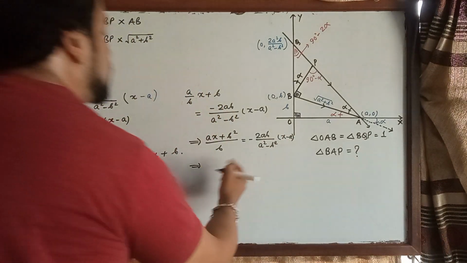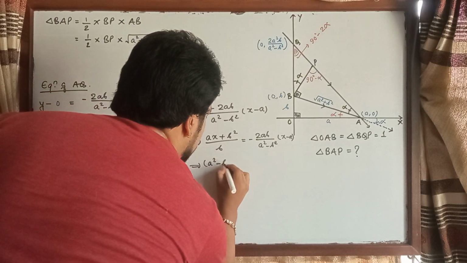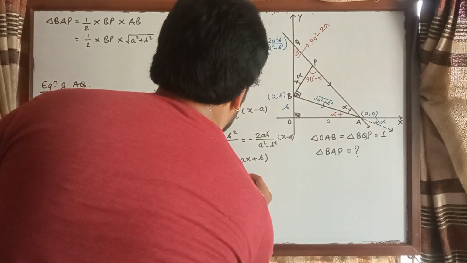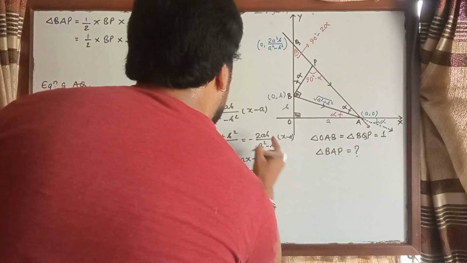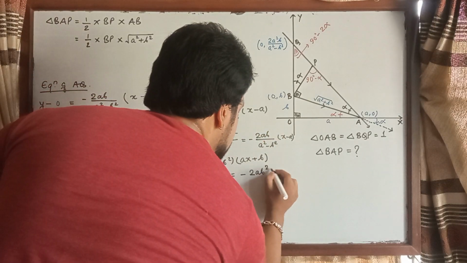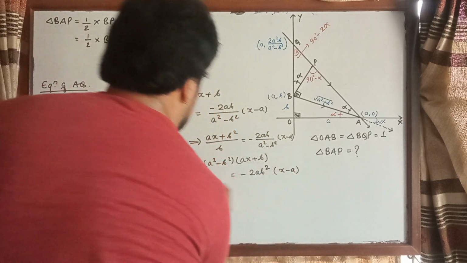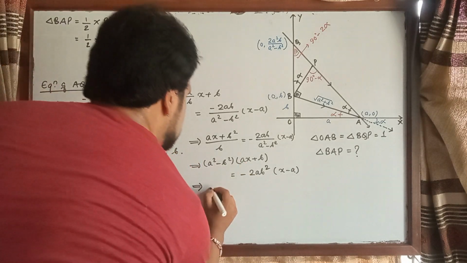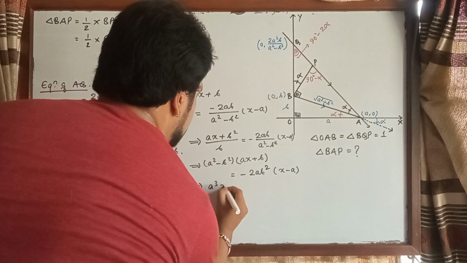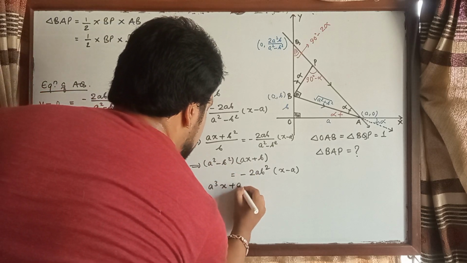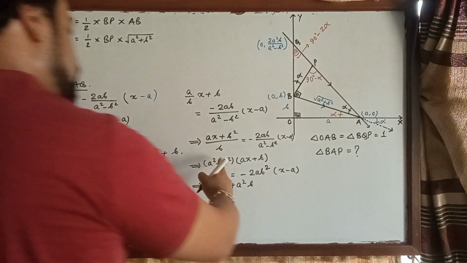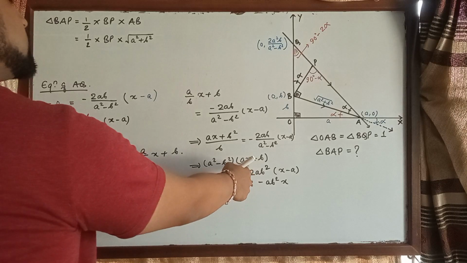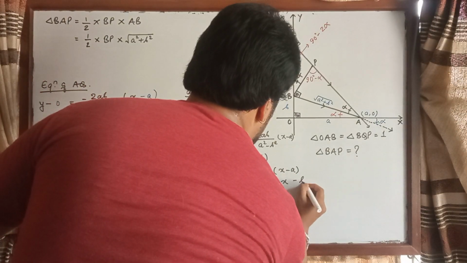We can cross multiply and obtain (a squared minus b squared)(ax plus b) equals minus twice ab times b, which means b squared, times x minus a. Let's expand: a cubed x plus a squared b minus ab squared x minus b cubed.